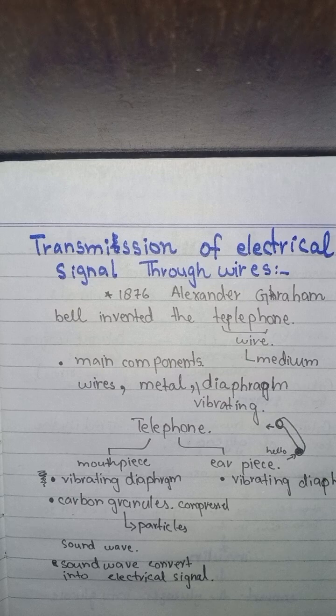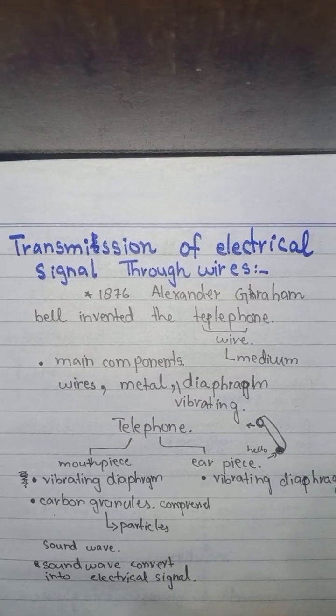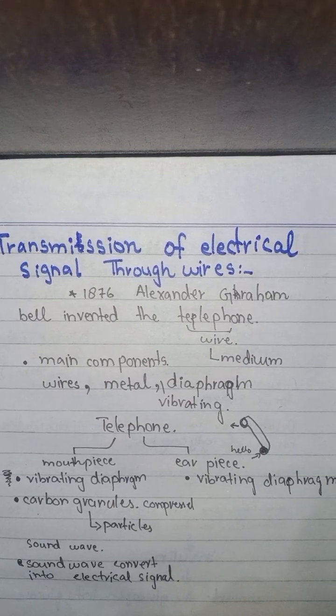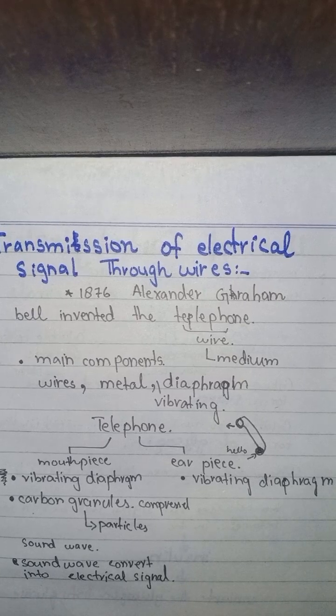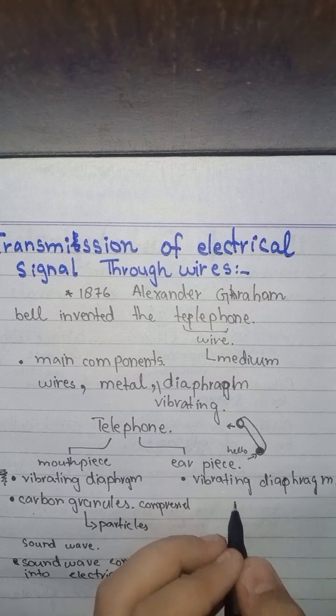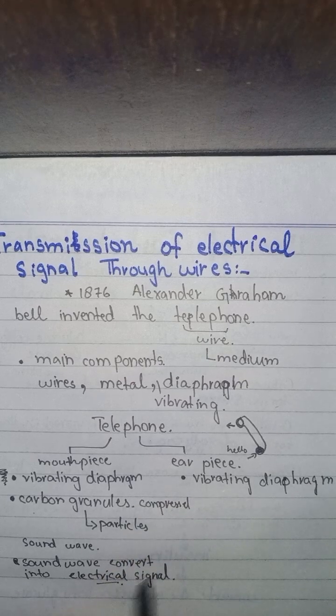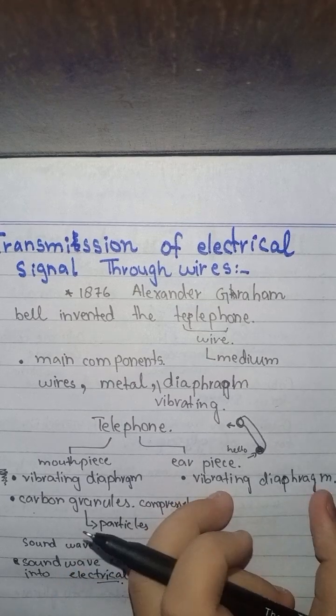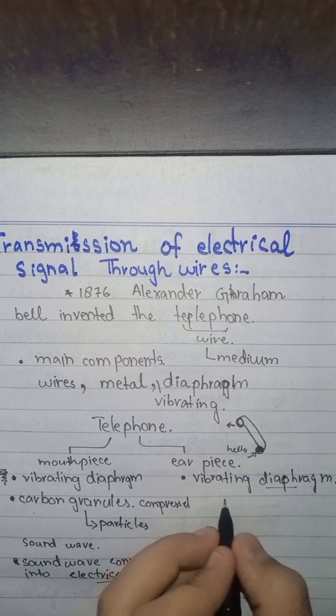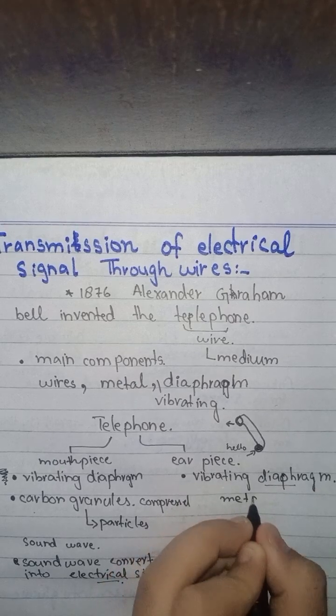Okay, so now we talk about the earpiece. After the electrical signals, these electrical signals also vibrate the diaphragm, and due to the diaphragm vibration, here we have one metal.